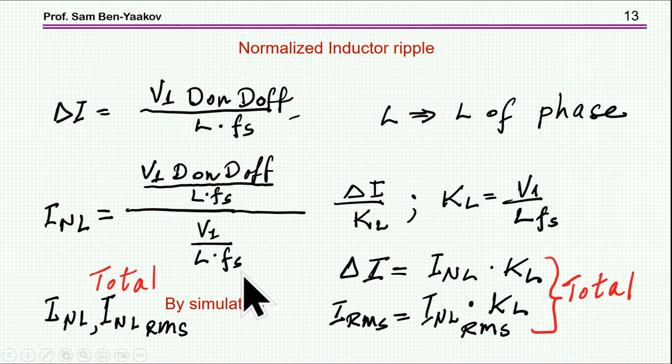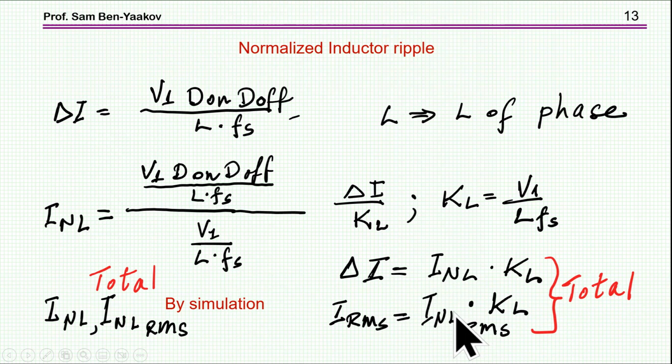So if I run a simulation and I get some ripple and I divide the result by this factor, I'll get the normalized curve or normalized information. And then if I need it for another case, then I'll get this normalized information or curves or plots and multiply it by the normalization factor for this particular case that I am now interested in to get the actual peak-to-peak or the RMS.